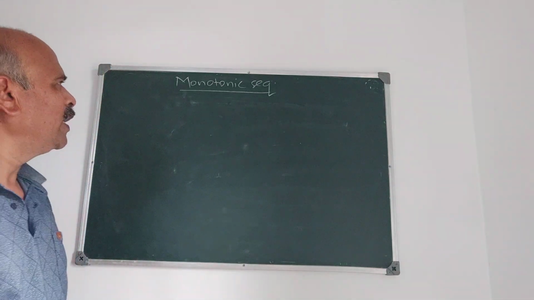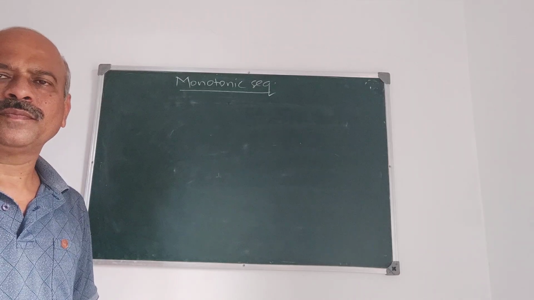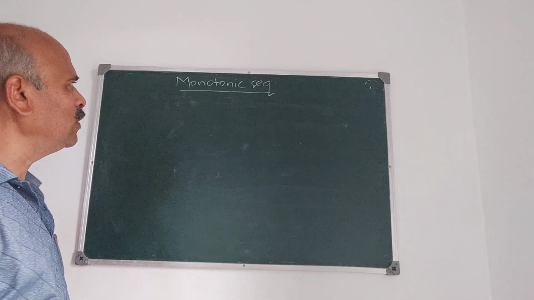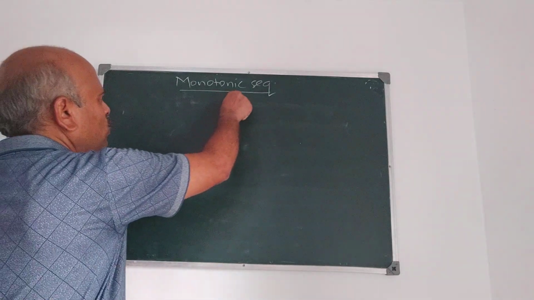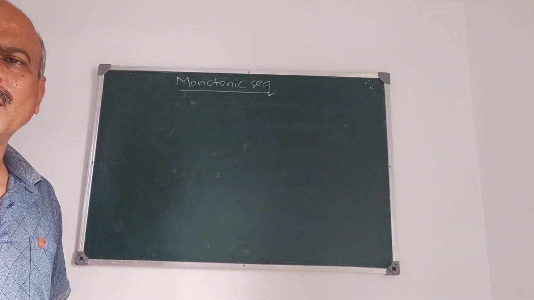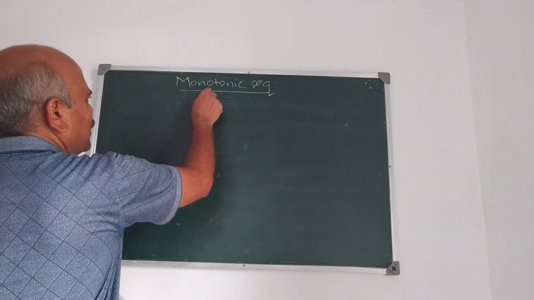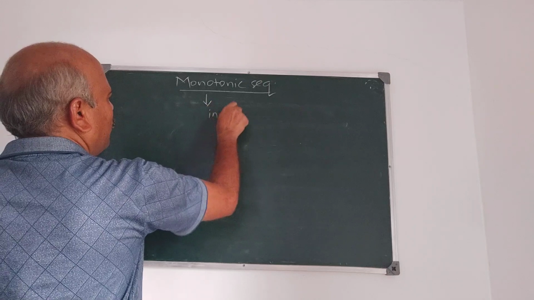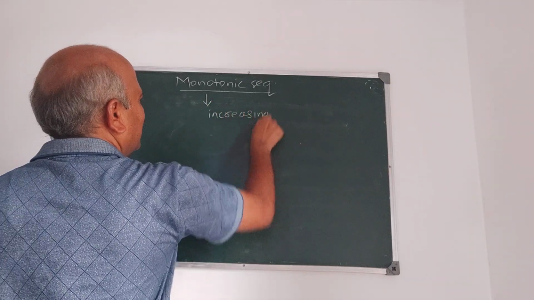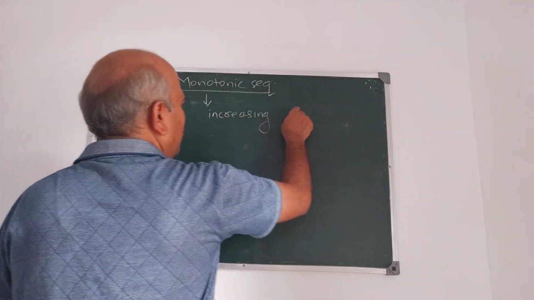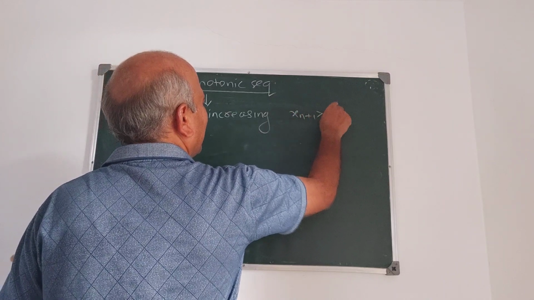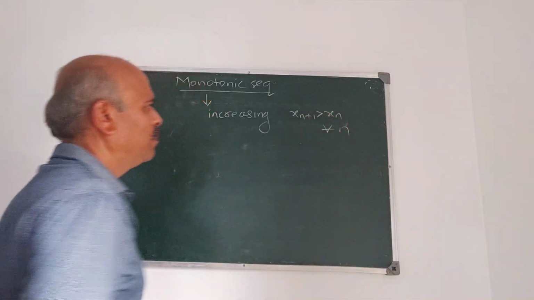Now, what is a monotonic sequence? One more concept, monotonic sequence. Monotonic means there are two types, monotonically increasing and monotonically decreasing. A sequence is said to be monotonically increasing if xn plus 1 is greater than or equal to xn for all n.